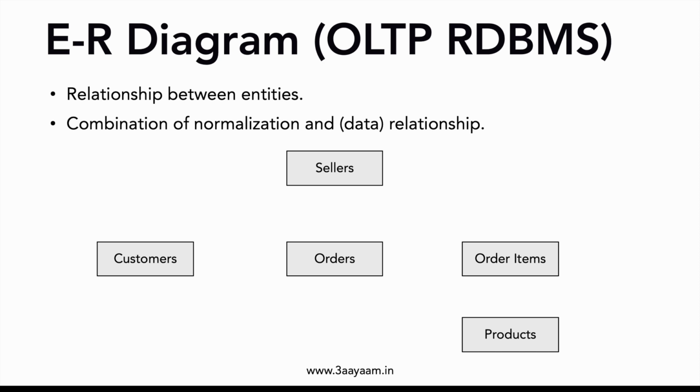And always do the relationship mapping using a single record. That would be useful. Now if I go inside customers, for a single customer there can be multiple orders. So it's a many-to-one relationship between orders and customers, and a one-to-many relationship between customers and orders. Why?